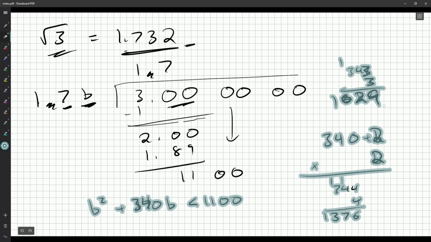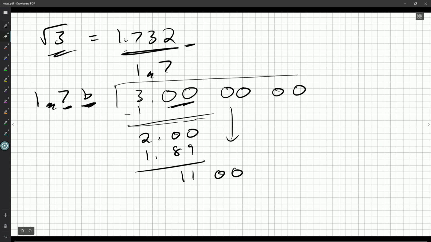It just took a little while of thinking. So 3 is the number I want. So it was 1029, and the difference there is 71. Now we bring down the next 2 zeros, and we ask that question again.